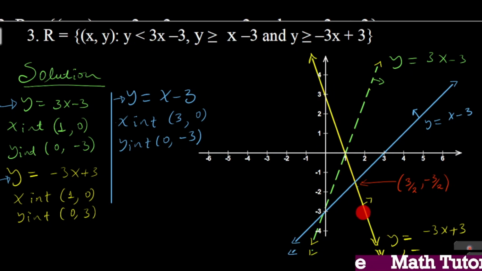So when we connect these 2 points, we get this line. And this line is solid. Why? Because it has an equal sign. So y is greater than or equal to, we make it solid. To which direction do we shade? We shade above the line.